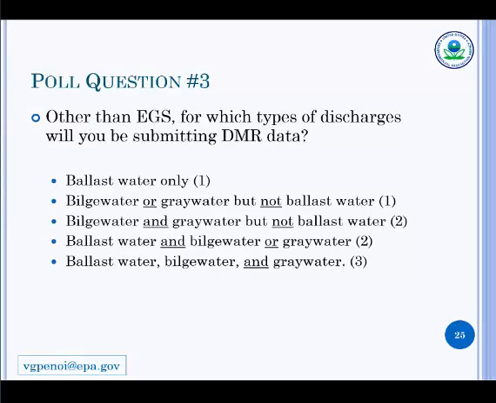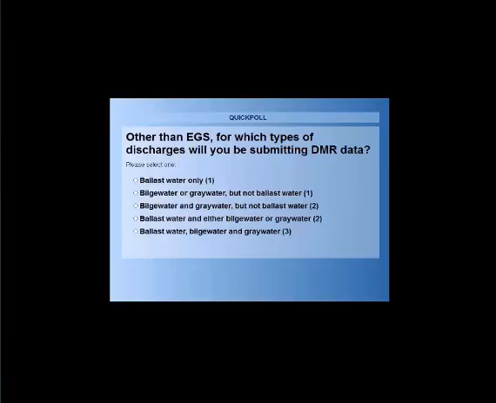And then the third question, and read this carefully, we're limited to the number of responses that we can have on a question, so it's limited to 5, so I had to mix and match. But the question is, other than exhaust gas scrubber wash water, for which types of discharges will you be submitting DMR data? And let me say, if you're not submitting DMR data, you don't have to answer this question.